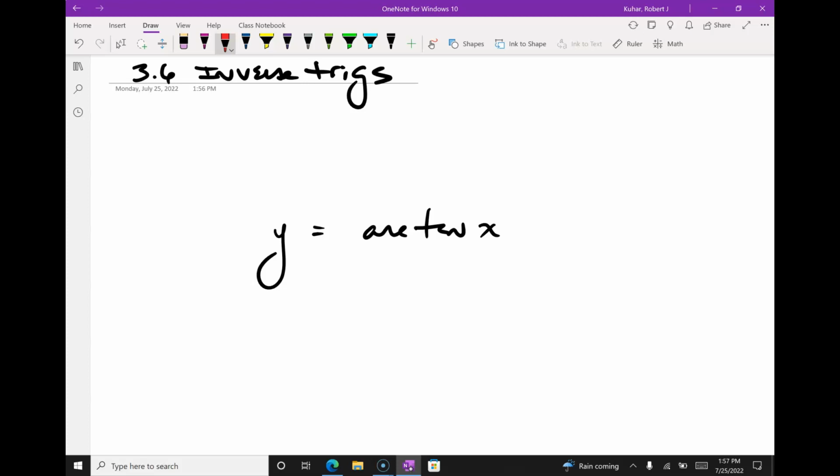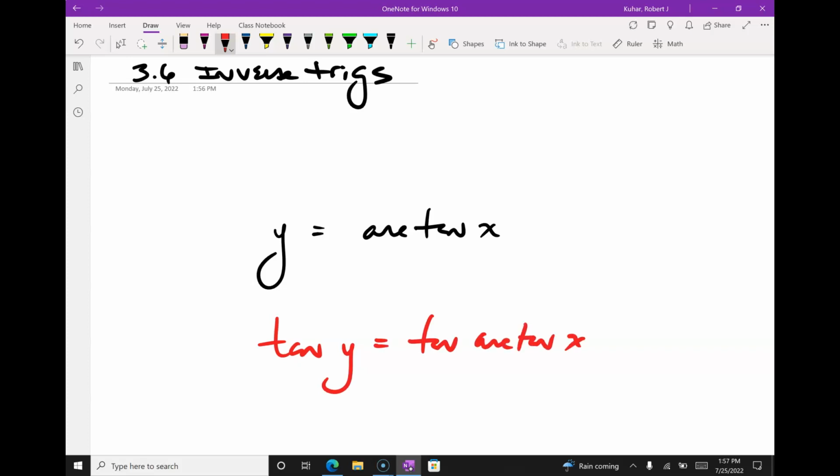What's the inverse function of arctan? Tangent, yeah. So I can just use the inverse function. So tangent of y equals the tangent of the arctan of x.